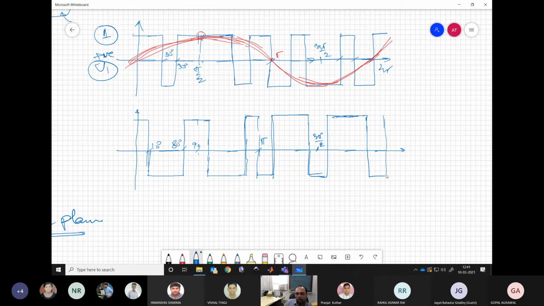And then again here, 10 degrees before 2 pi it will switch back to minus VDC and then go back to VDC.